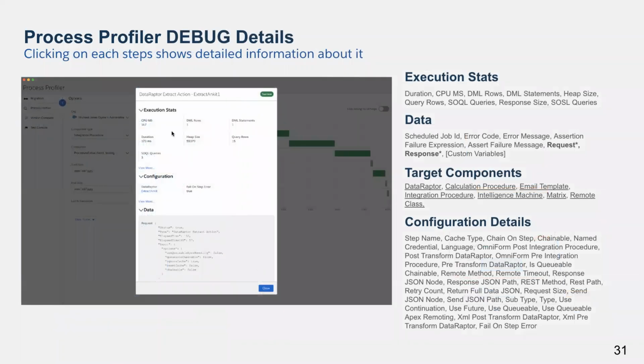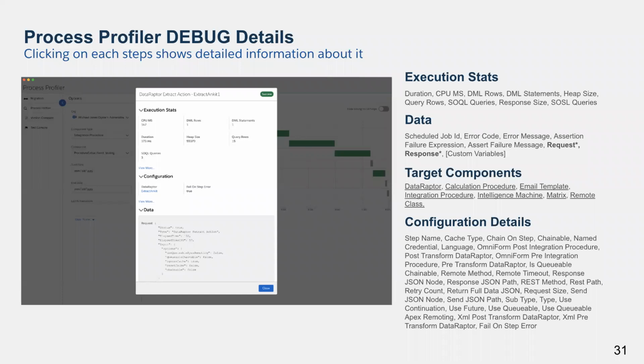I know this is probably really small font here, but it's showing me things like the number of CPU milliseconds, the number of DML executions that are happening in that step, the number of SOQL steps, the heap size, the duration that it's taking. And depending on how I configure my custom settings, I can see the request and the response data for each of these individual steps.